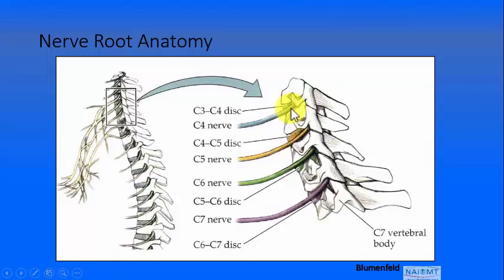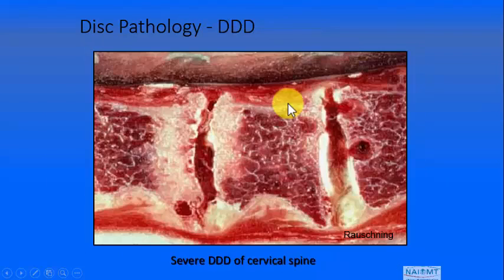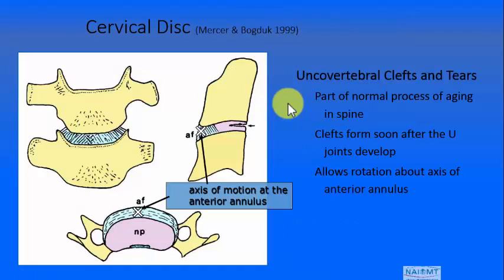Thereby, the disc can only tag one cervical root. A disc herniation is made that much more unlikely due to the uncinate processes, which tend to somewhat protect the exiting nerve root.